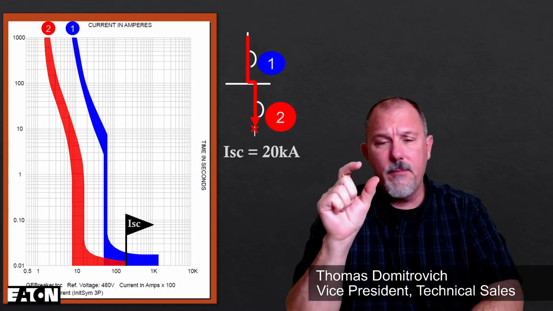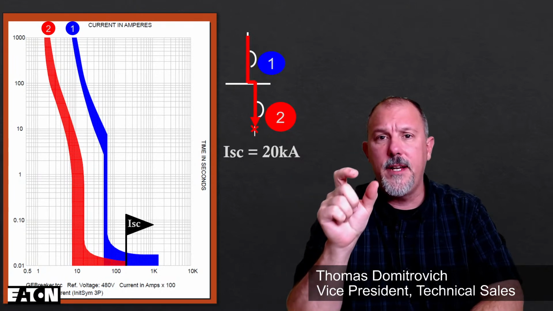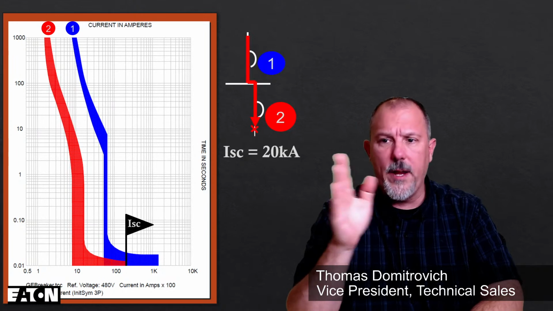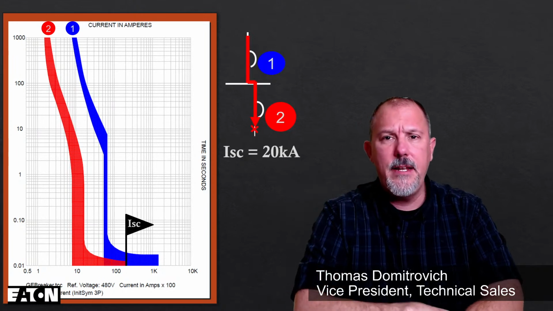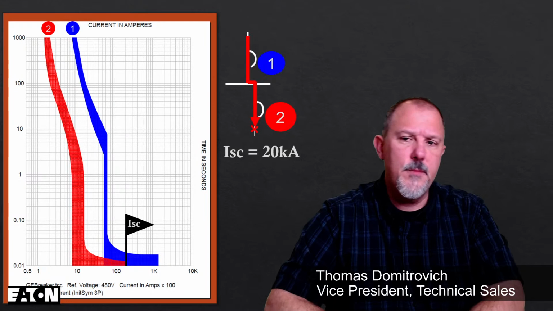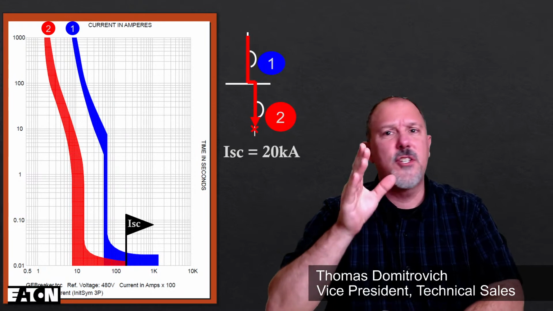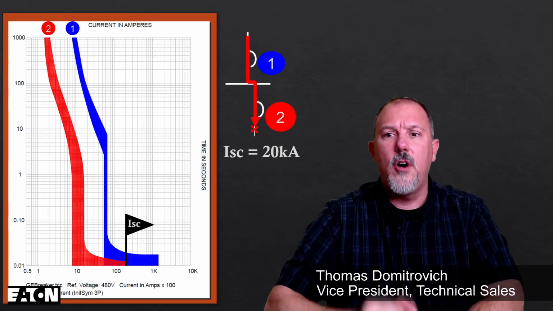Realistically, it's a pretty fat margin there when you think about the range of currents that you're hitting, and the clearing times. And there's conservatism built into there that you'll not see.